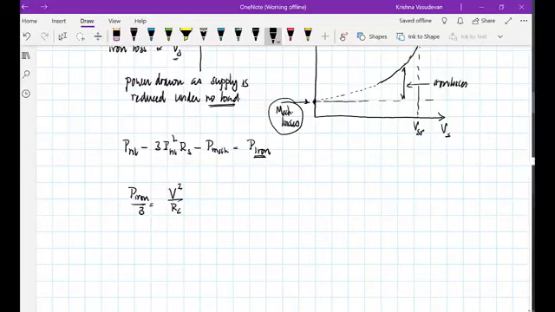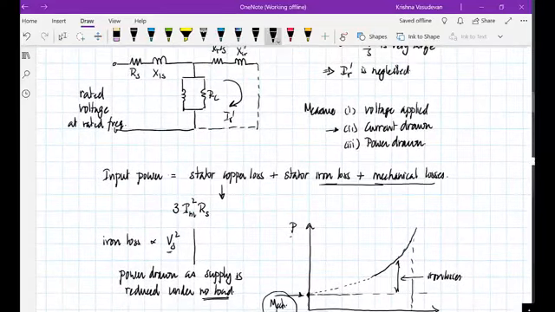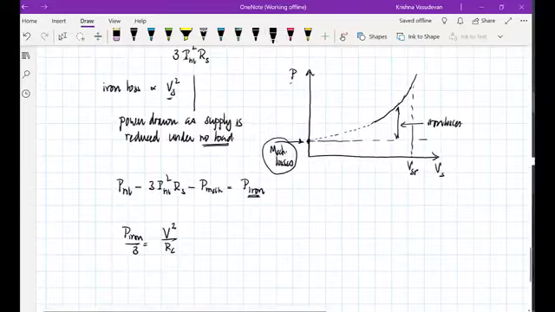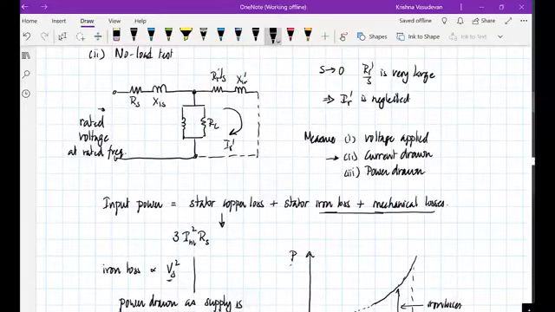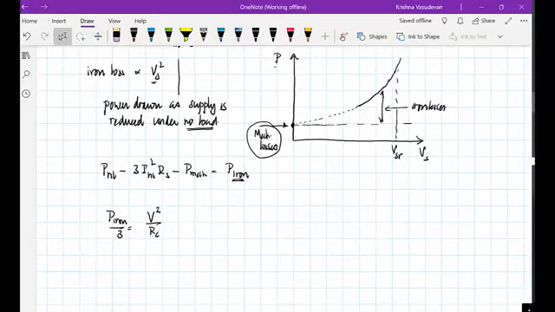Now we note that V is the supply voltage that is given here, and the voltage across this branch, if we call that E, then it is actually E square by RC. E square by RC is equal to the iron loss divided by 3.